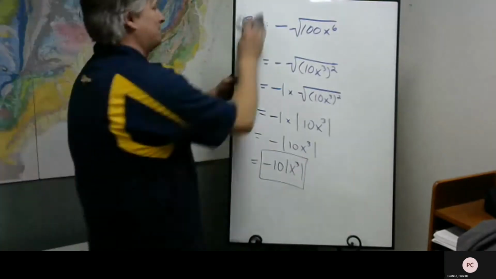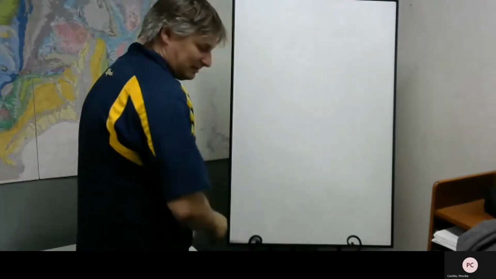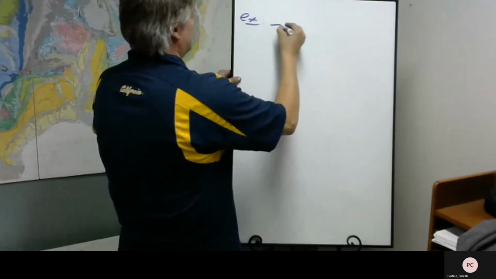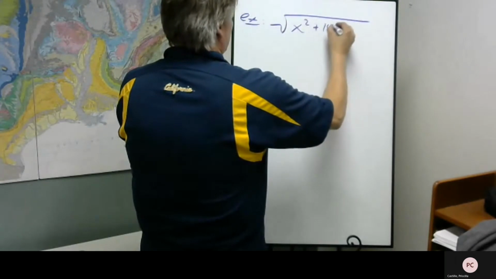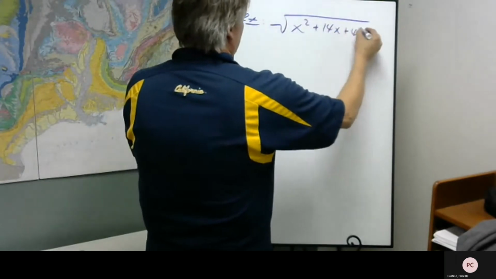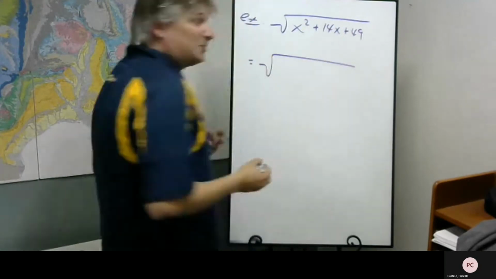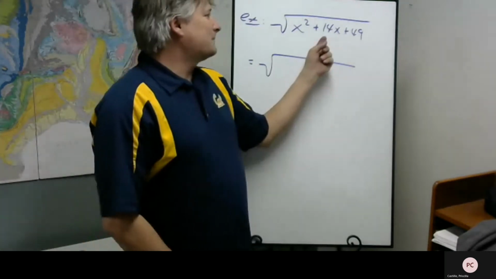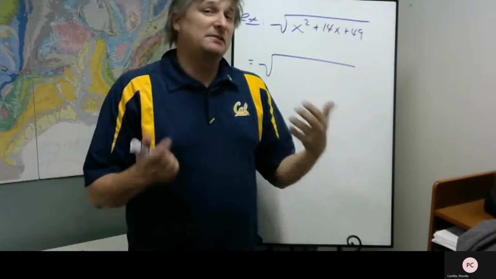Let's do another one. Let's say we have this. Now this one we can use factoring on. Two numbers that add up to 14, but multiply to 49, 7 and 7.